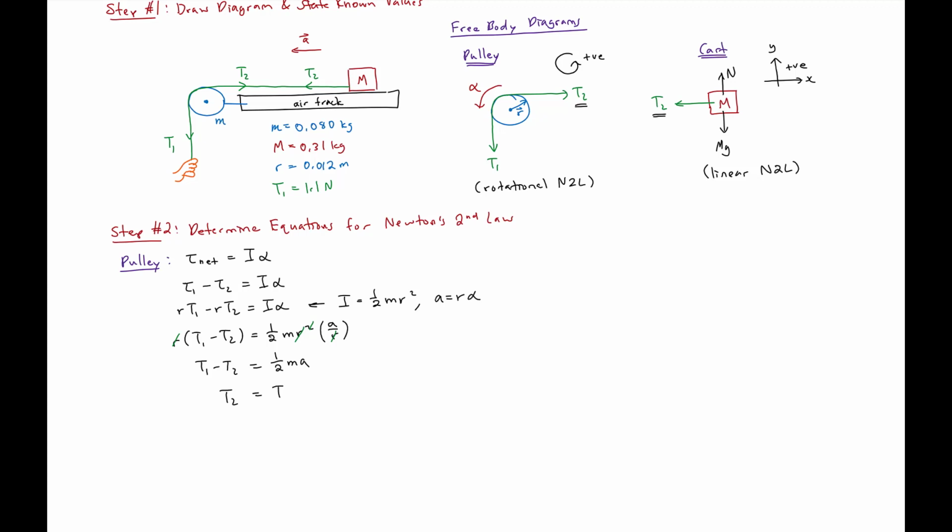So T2 is equal to T1 minus 1/2 MA. We're going to call this equation 1.